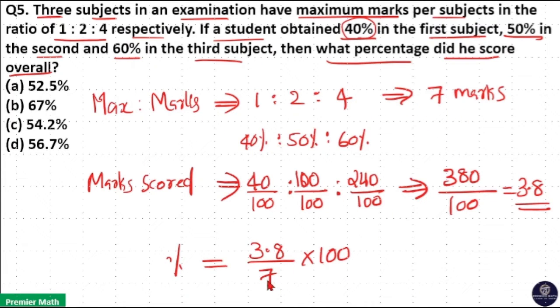Then 3.8 by 7 into 100 is the percentage of marks he scored, which is equal to 380 by 7. 7 goes 5 times in 38 and remaining is 3. 30 by 7 is equal to 4.2. So, option C is your answer.